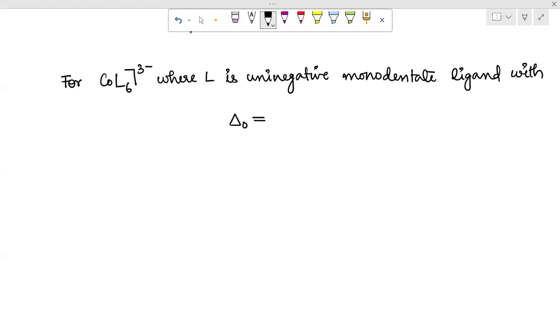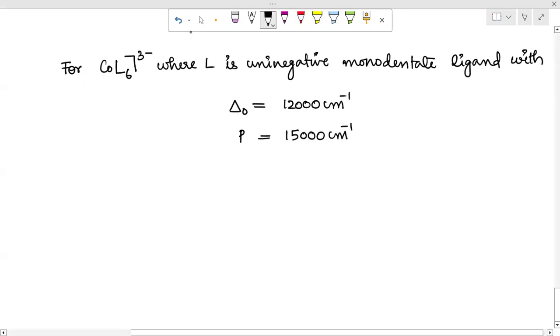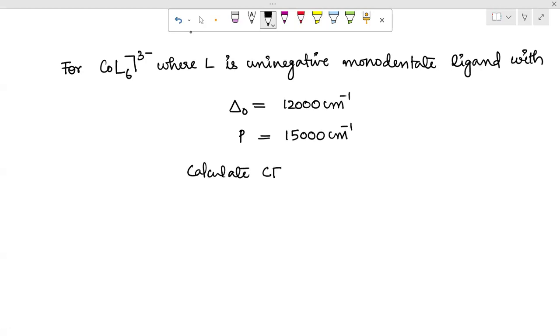Crystal field splitting energy is equal to 12,000 centimeter inverse, and the pairing energy is 15,000 centimeter inverse. The question is to calculate the CFSE.